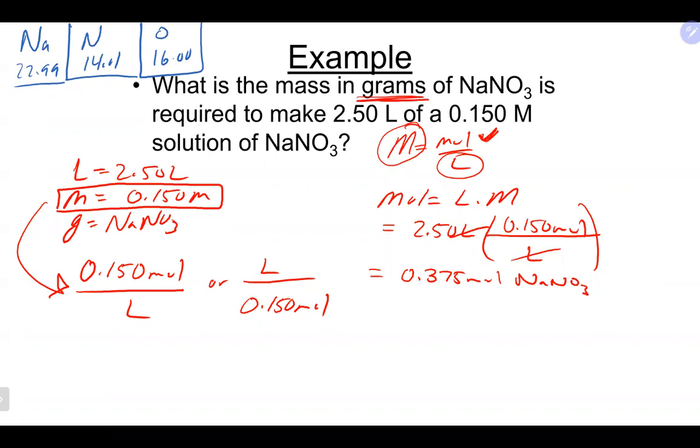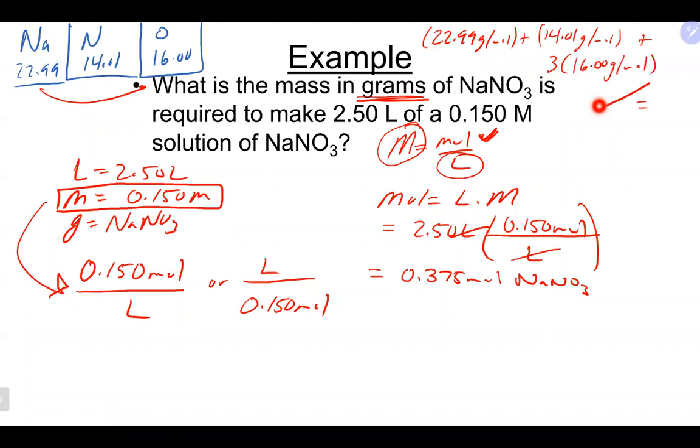What's left is our conversion from moles back to grams, which is the molar mass from the periodic table. If we add up all the parts from the periodic table, we have 22.99 for our sodium, 14.01 for our nitrogen, and 3 times 16 for our oxygen.